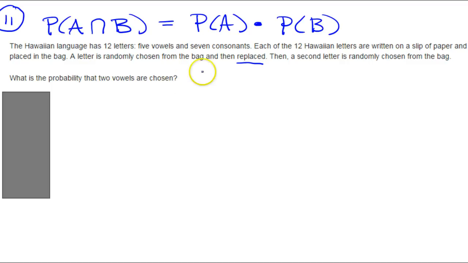Okay, so here's the deal. A letter is randomly chosen from the bag, then a second letter is randomly chosen. What's the probability that two vowels are chosen? So, the probability of choosing a vowel.